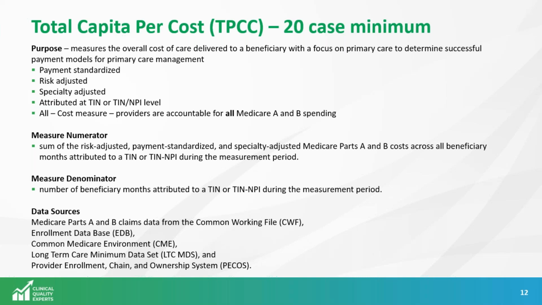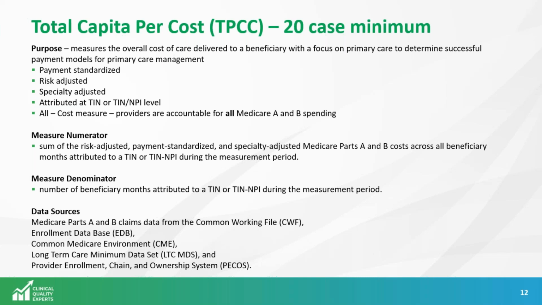The measure numerator counts the sum of the costs remaining after all of the adjustments for risk and specialty are done, and also after payment standardization has been performed for all of the beneficiary months that occur in the denominator. So the number of beneficiary months in the denominator can range from 1 to 13, depending on where the episode or the event is falling within the performance year. That is because Medicare segments the 52 weeks in a year into 4-week blocks. So that is why there are 13 of them.